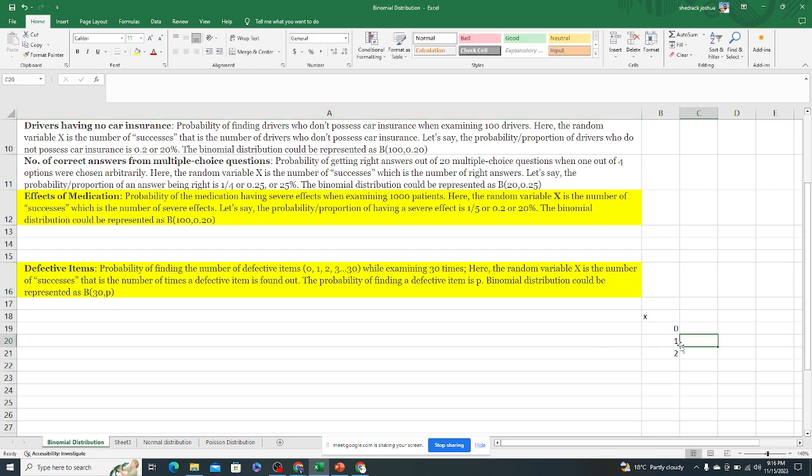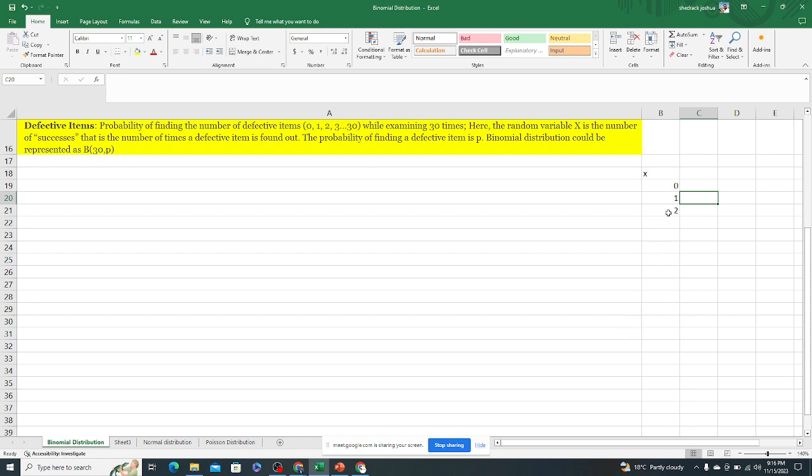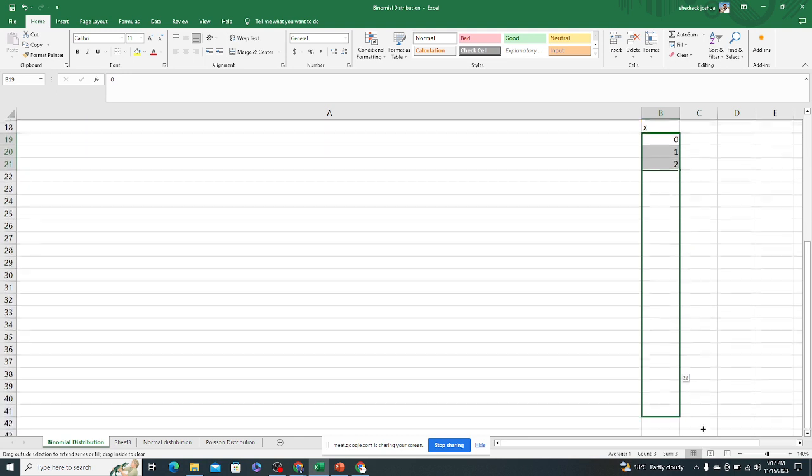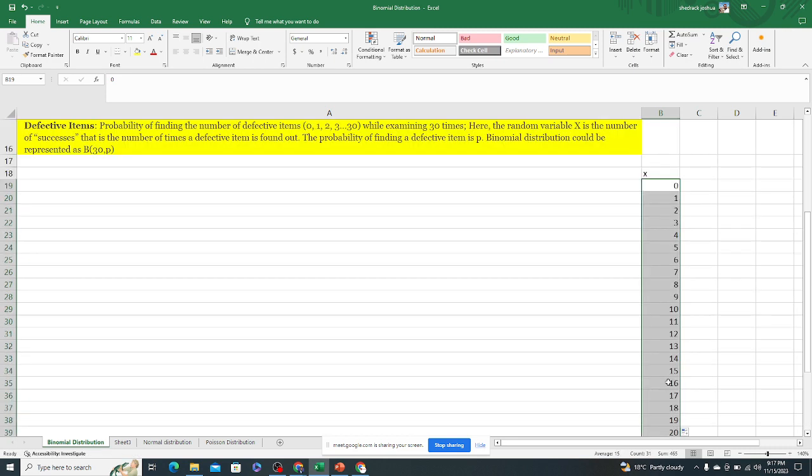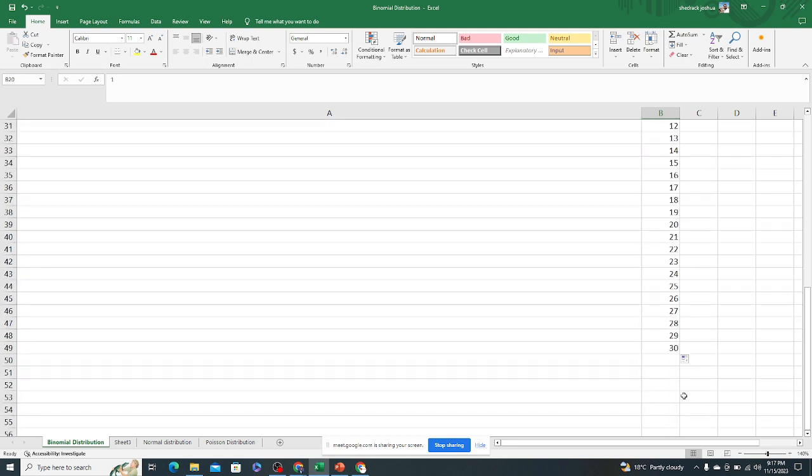So in this case we are trying to do the count of defective items. I will go up to 30, so we have 0 up to 30. It might be 0 defective items, all that up to 30.